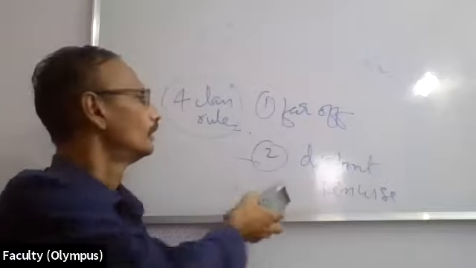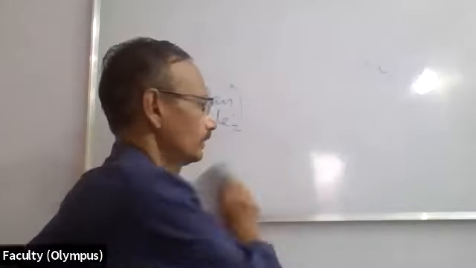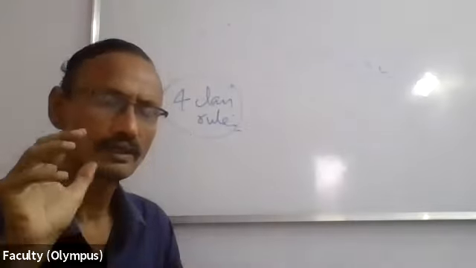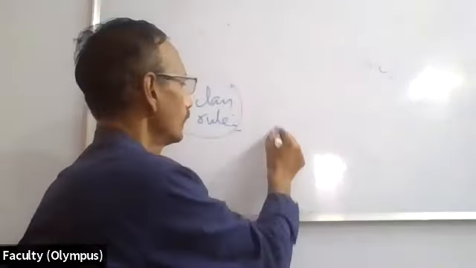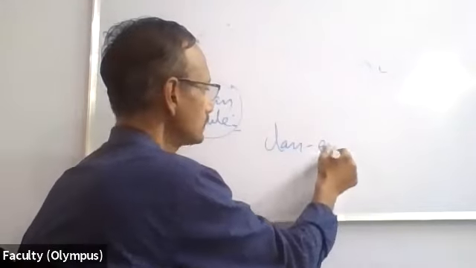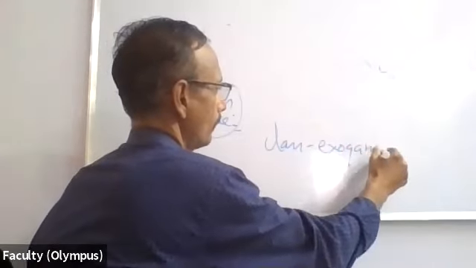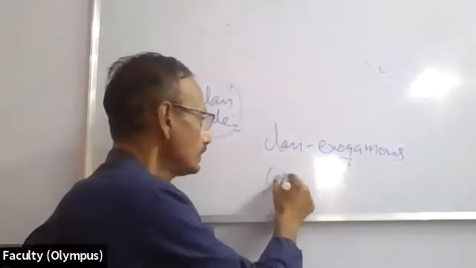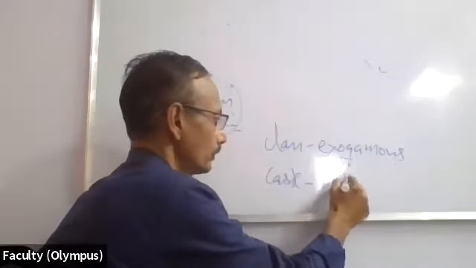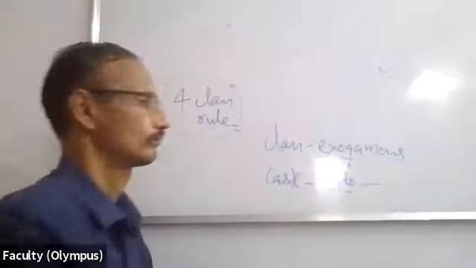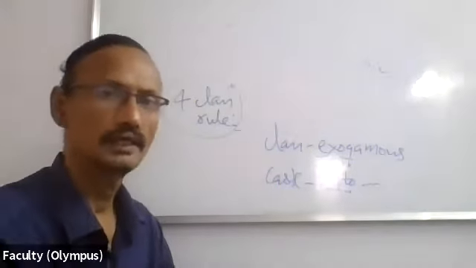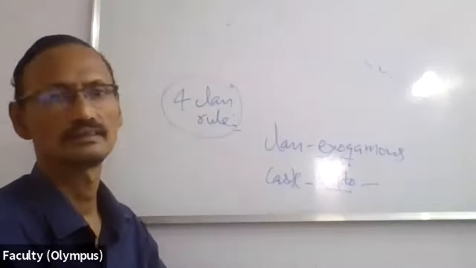And then they are so hierarchical that they say caste consists of clans. Remember, clan is always exogamous. Caste is always endogamous. One is supposed to marry outside the clan, but inside the caste.